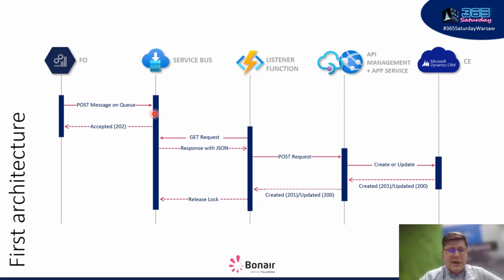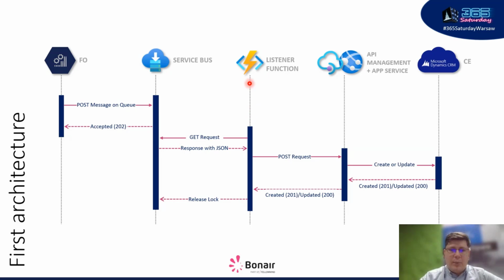And service bus just immediately responds that it accepted this. And that's all. FO has no other information about this message. So FO can even send thousands of records, put them on the service bus queue and forget about it. All the rest is in Azure.